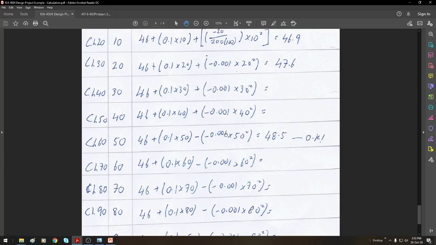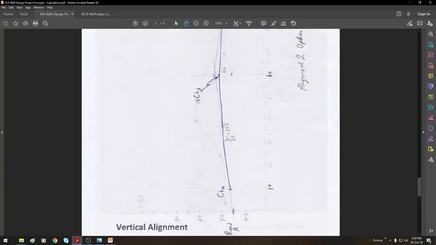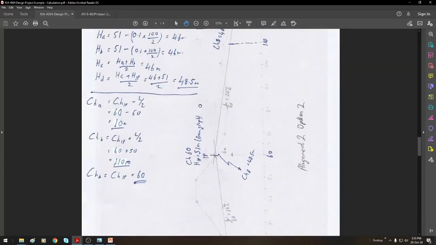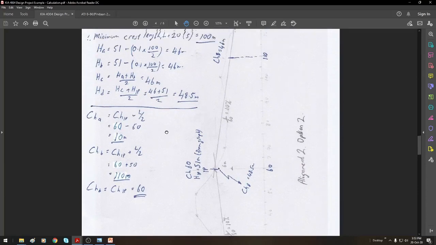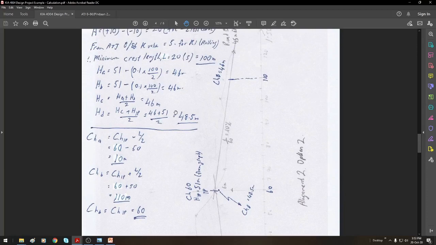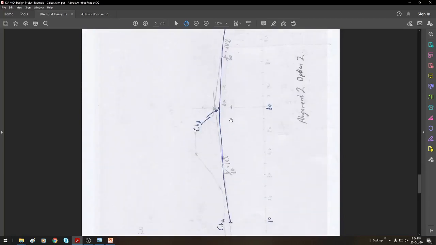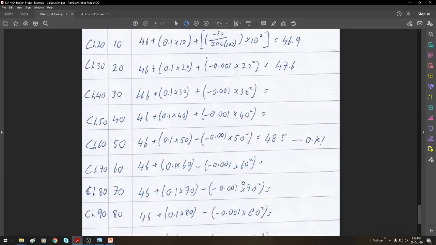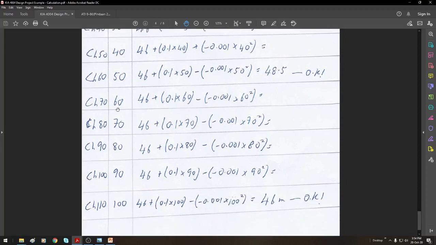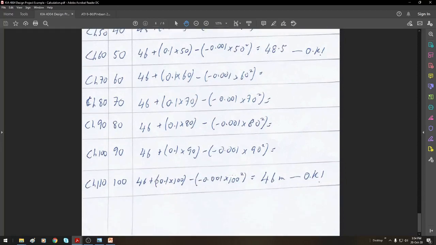You use the formula to calculate, and you must get 48.5, because your previous calculation shows that at chainage IP, HD is 48.5. So it matches the previous calculation. You continue calculating at 10 meter intervals until you reach the final point. At chainage HB, it is 46 meters, and this also must be the same as your previous calculation.